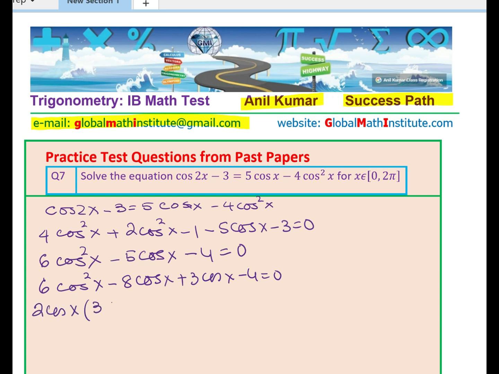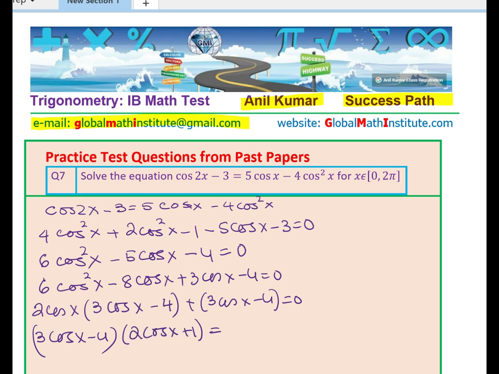That leaves us with 3 cos x minus 4. And here we have plus 3 cos x minus 4 equals 0. Now 3 cos x minus 4 is common. So we get 2 cos x plus 1 equals to 0.